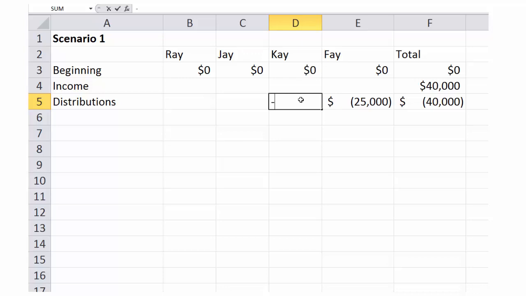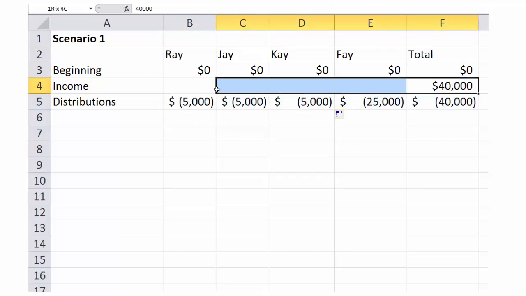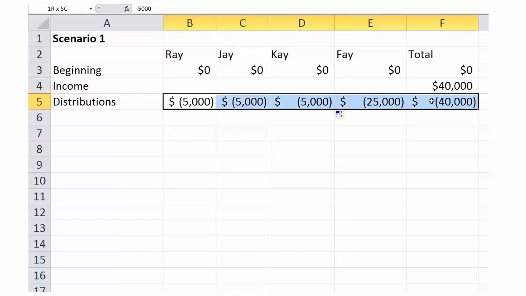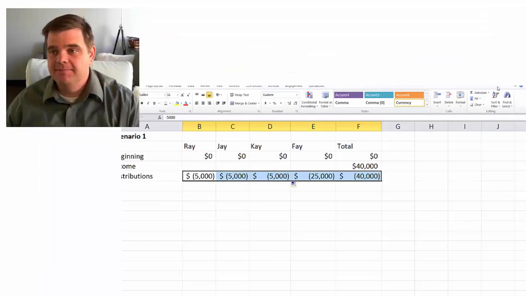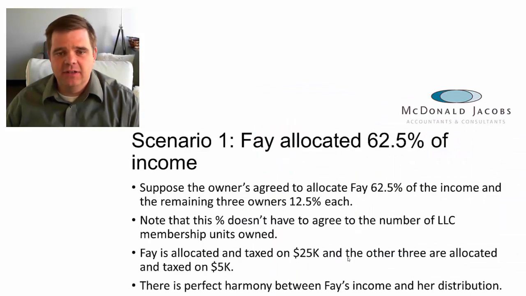Oops, let me make that a negative. I want my numbers to look similar there. There we go. Okay, so this is our distributions here, and I still haven't really answered the question of how income was allocated here, but this is how I'm modeling the distributions affecting their overall, what we call their capital accounts.